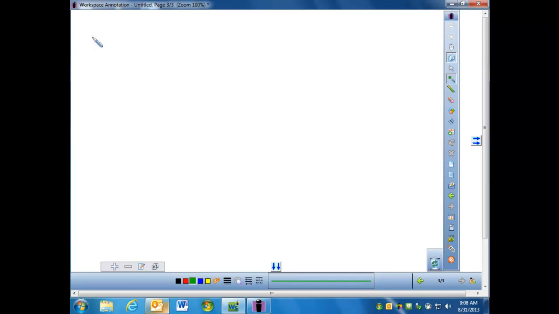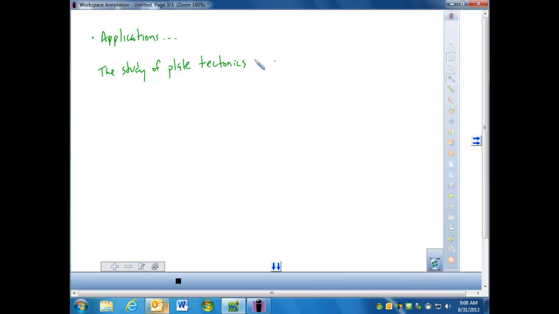I mentioned earlier we're going to do some applications, so let's just look at a simple application. This isn't a difficult problem, but this is really slope in the real world. Let's say we're talking about the idea of plate tectonics. Plate tectonics is just the study of how the plates on the surface of the Earth move and bump up against each other and pull apart from each other and so on and so forth.